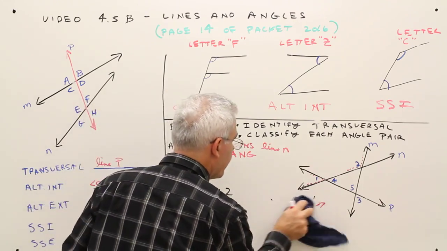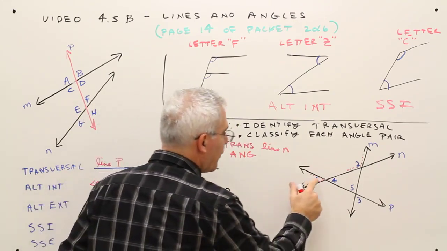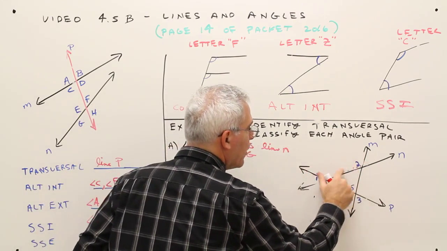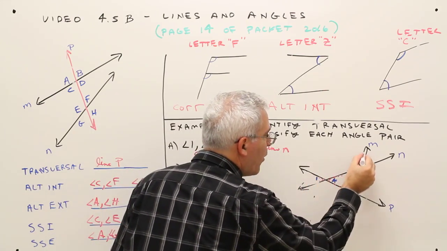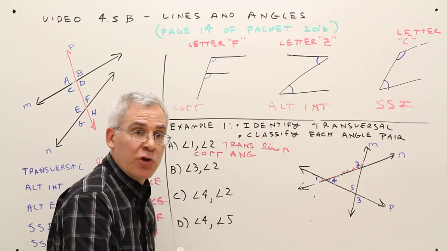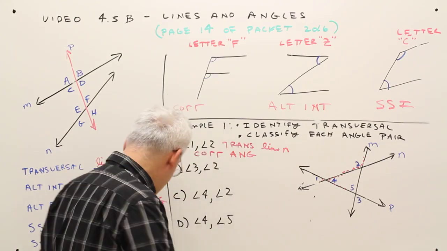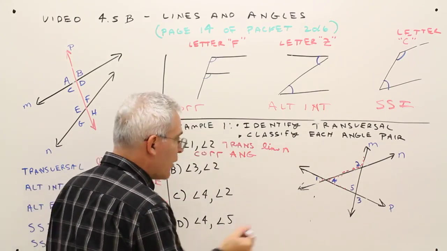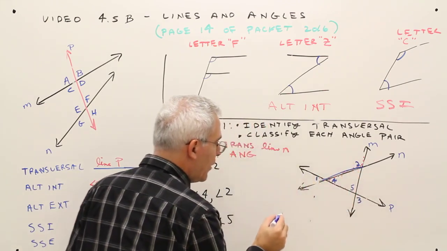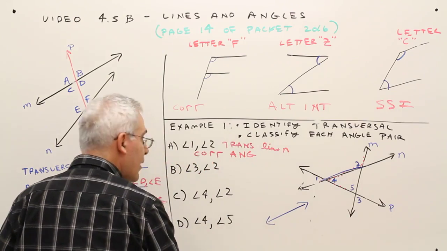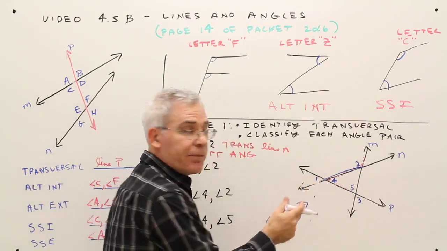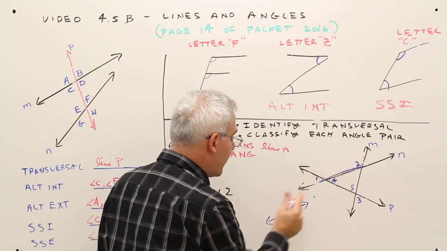All right, let's try the next one. Angles 4 and 2. All right, so again, I'll just kind of outline 4, I'll outline 2. Whatever they have in common is the transversal. So this will be the transversal. So I'll just draw that in a different color. And then I've got the other lines that form the parts of those angles.